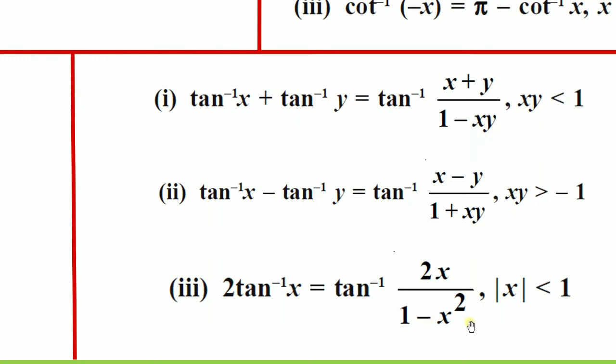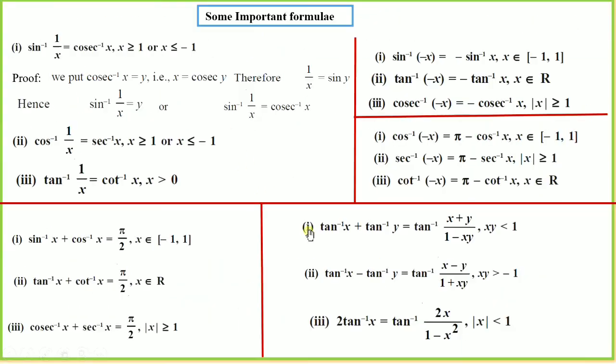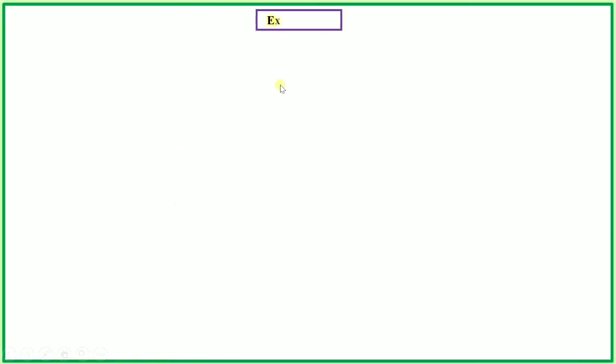So this is the third one. These three are equally very important. You need to practice these formulae again and again, and you should write these formulae every time while you are solving questions. So let us move towards our next exercise, exercise 2.2.